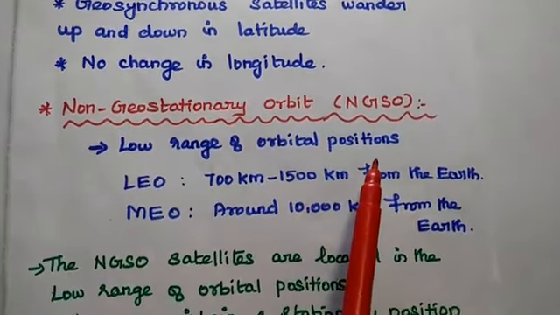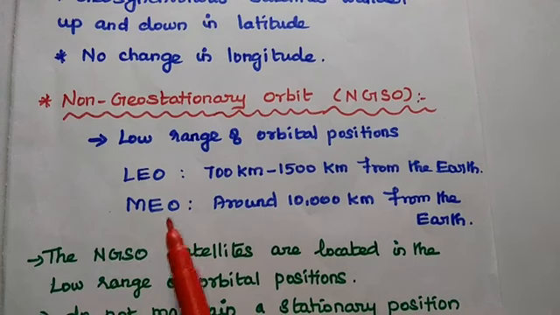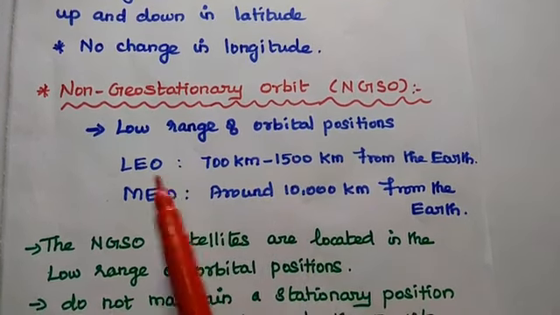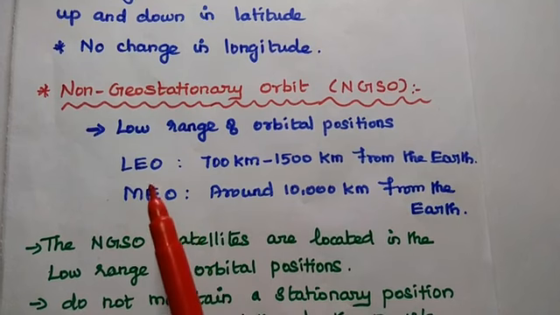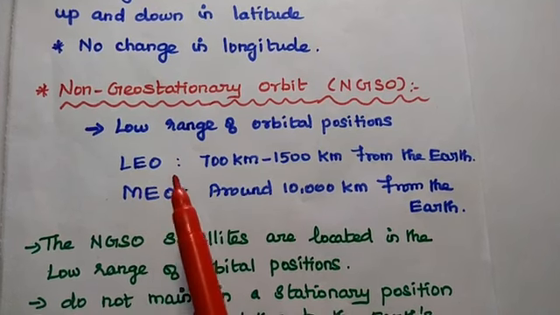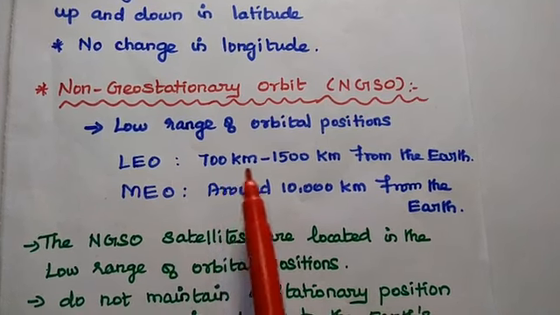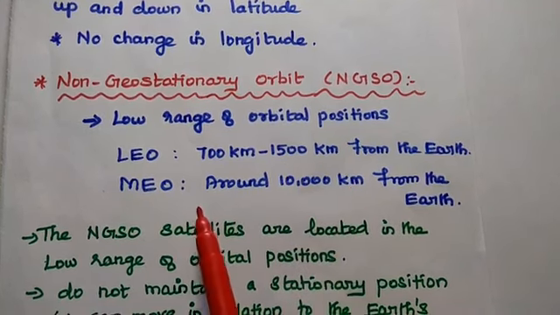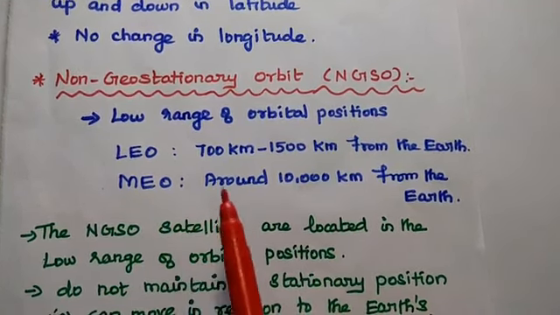Simply NGSO. So it represents the low range of orbital positions. Example, LEO and MEO. LEO means low Earth orbit. So its range is 700 km to 1500 km from the Earth. MEO means medium Earth orbit.